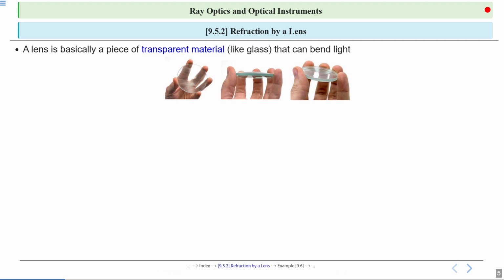They want to see the magnified image, so they use a magnifying glass. It is basically a type of lens, that is, a convex lens.